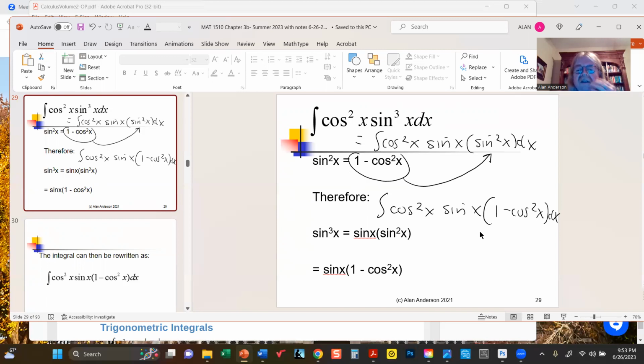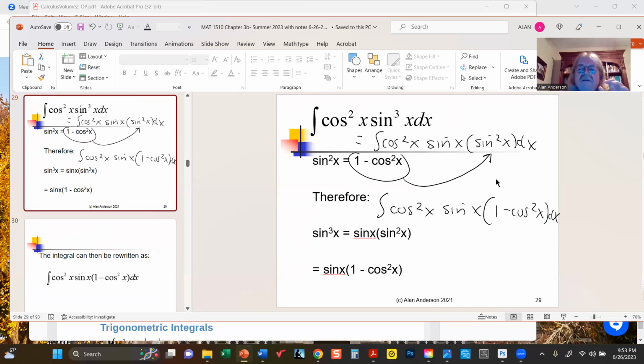But what it does is it lets you start taking advantage of some of these identities that we've derived. And ultimately, remember what we're trying to do is use substitution. But in order for that to happen, like the way it sits right here on the top, we can't use substitution directly. We don't have the correct du in here, and we can't provide it. So this is a clever way of getting around that problem.